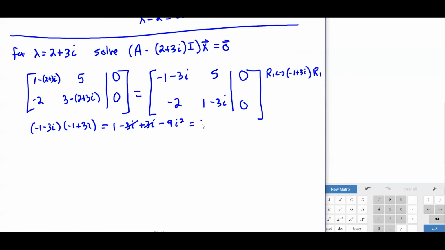So this is 1 plus 9, which is equal to 10. So if I multiply this row by negative 1 plus 3i, I'm going to get 10 in the top left corner. And this 5 is just multiplied by negative 1 plus 3i. And I've got the negative 2 and the 1 minus 3i here.